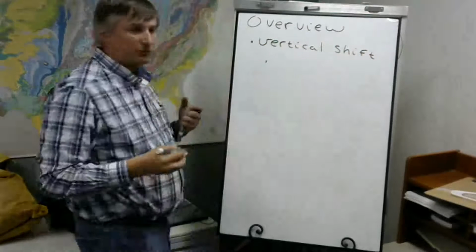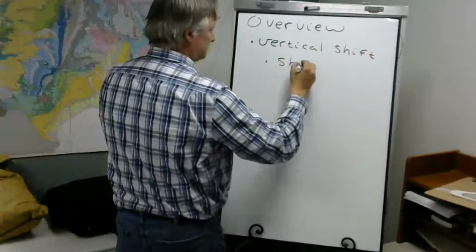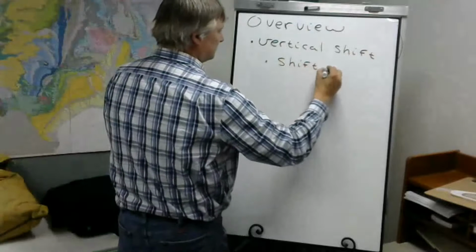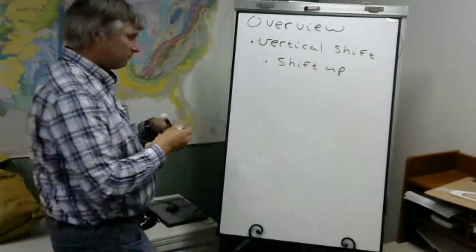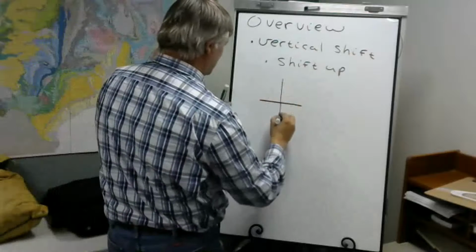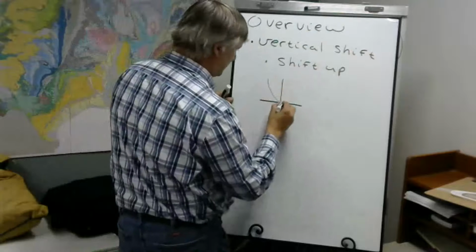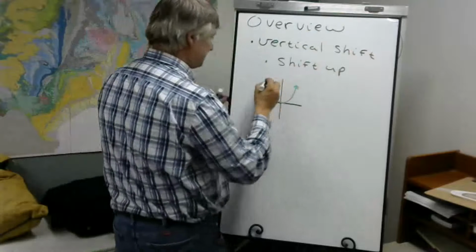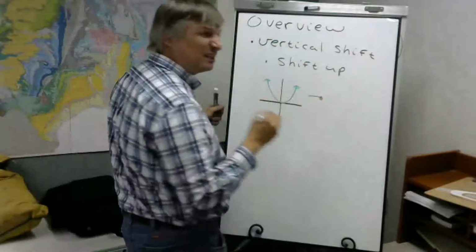So the first kind of vertical shift is a shift up. What you would do is have your original function, say it's a parabola like this, and shift it up c units.